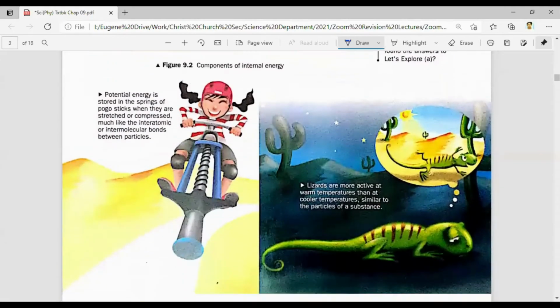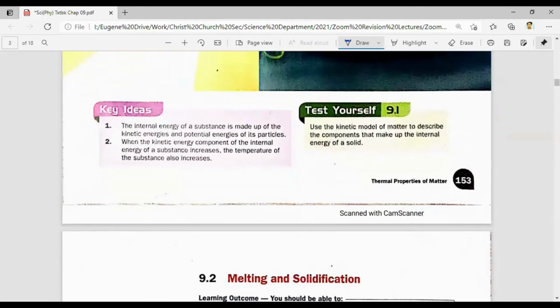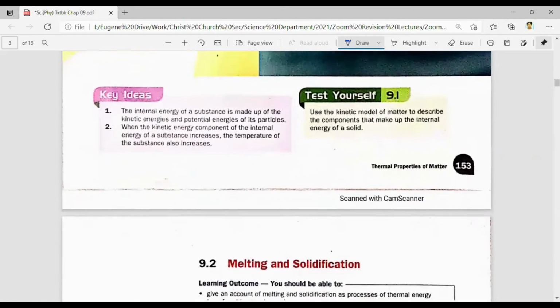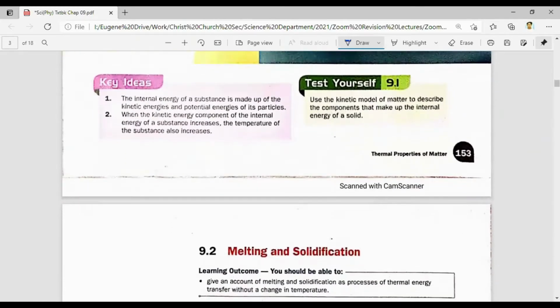So let's go on. In terms of this 9.1, I just want to highlight that the internal energy comprises KE and PE.